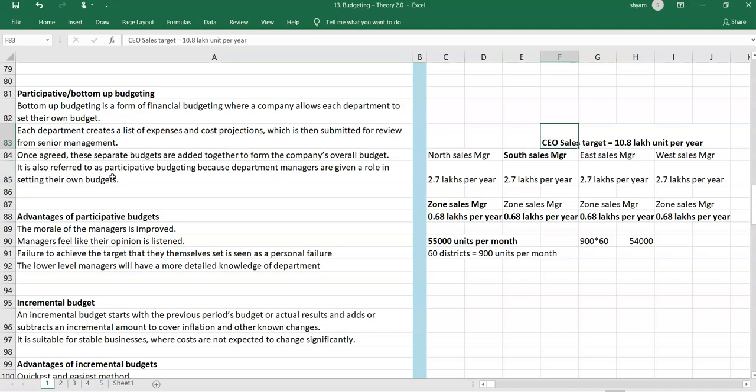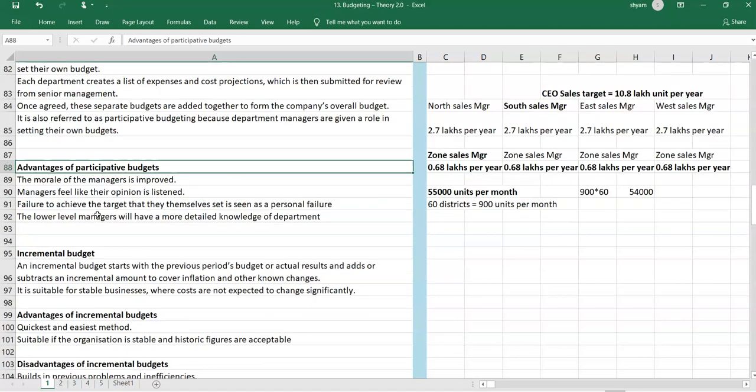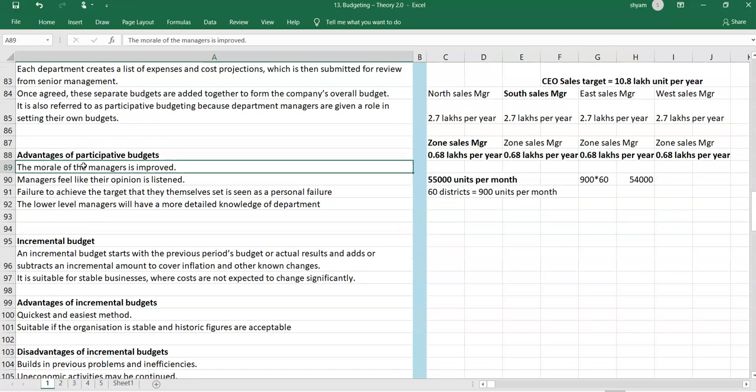So it is also referred to as participative budgeting because department managers are given a role in setting their own budget. So what is the advantage here? The advantage is the motivation level of all managers will be improved because it is their target and they have set it, and usually they will achieve it. Managers will feel that their opinion has been listened to.